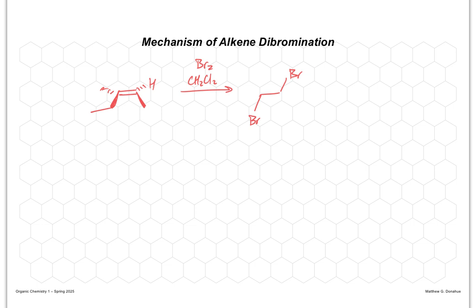That shows an anti-addition. And then from those two carbons, I just go back and stick in the stereochemical relationship. So the methyl group's going back, the ethyl group's coming out, hydrogen back, methyl forward.